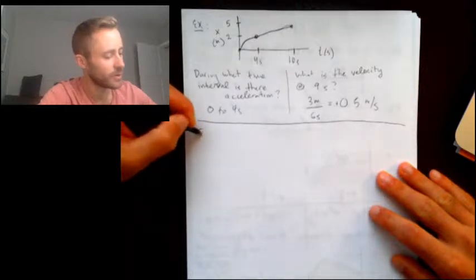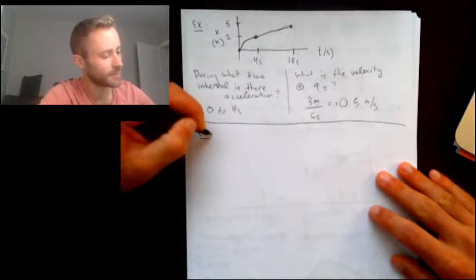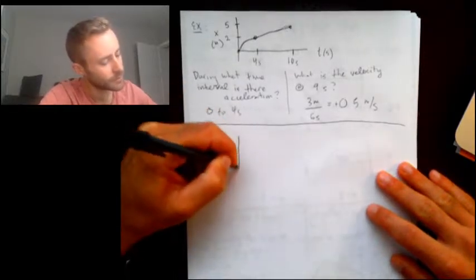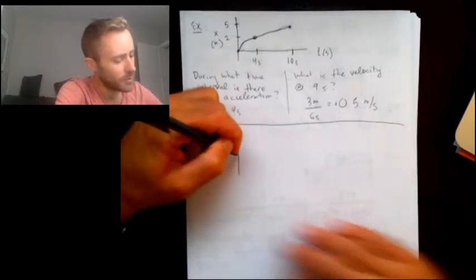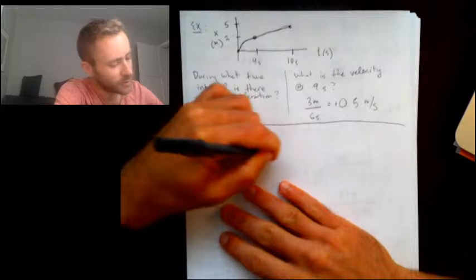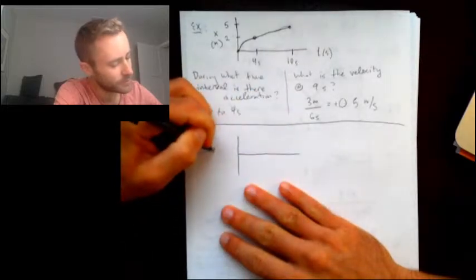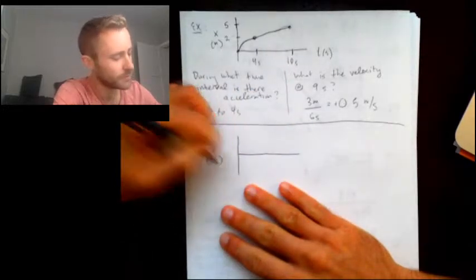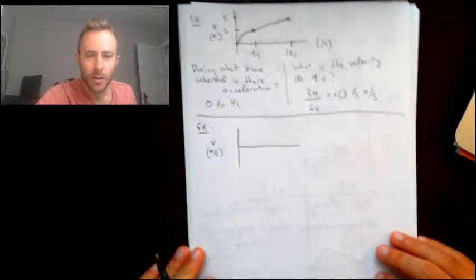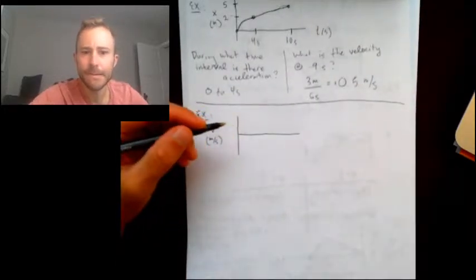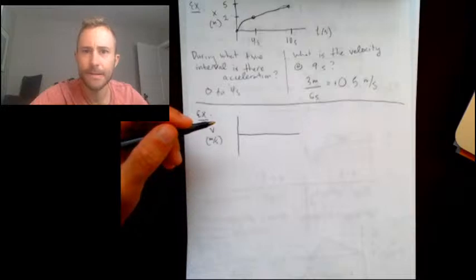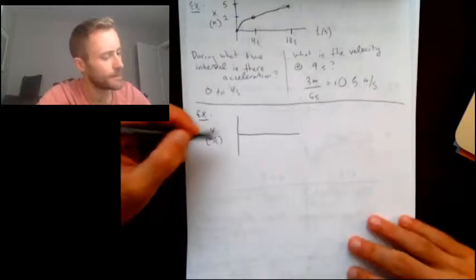Let's do another, a velocity time graph. Maybe one that looks like this.